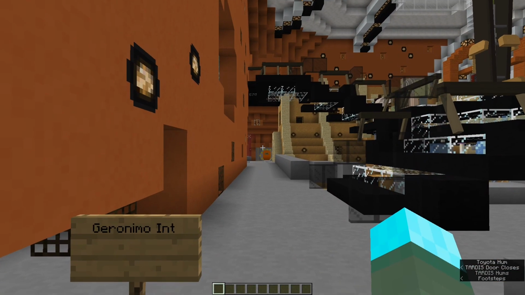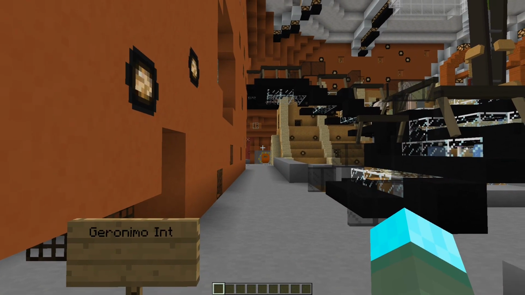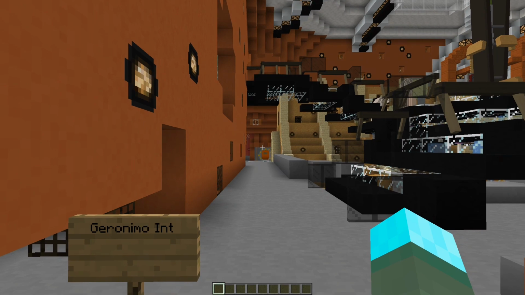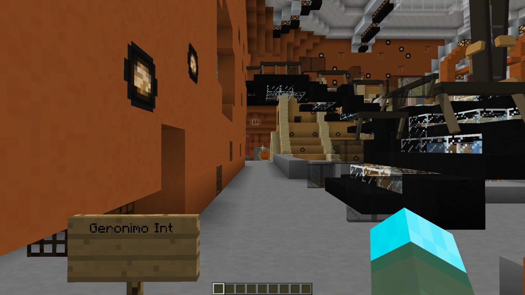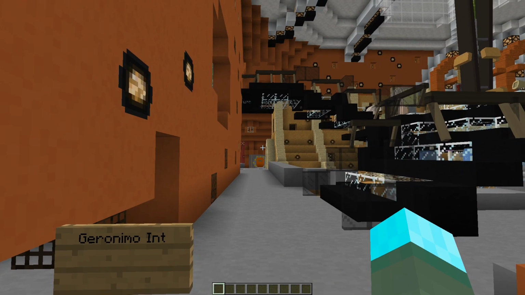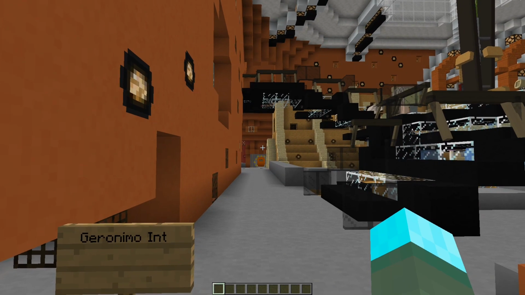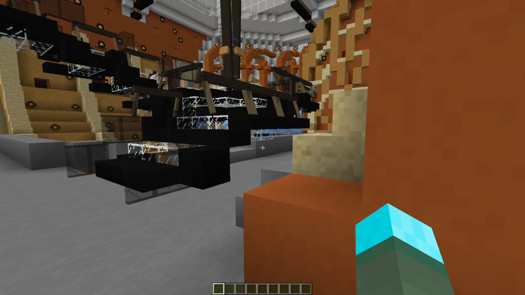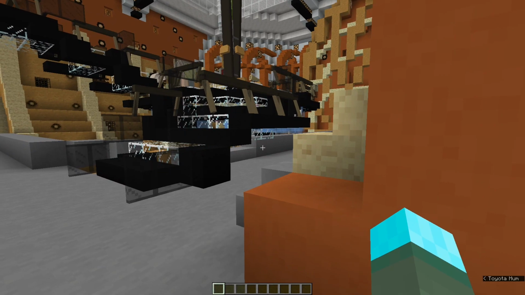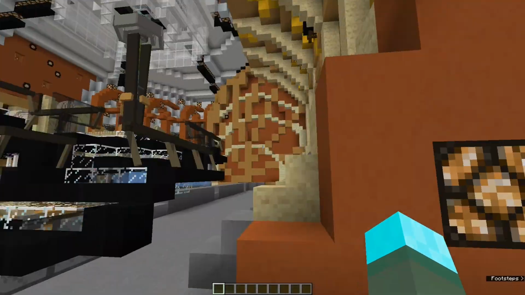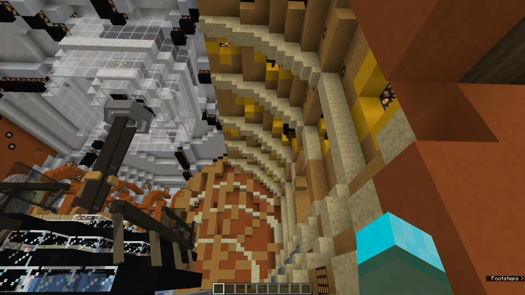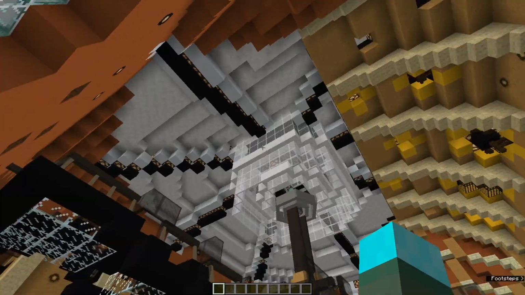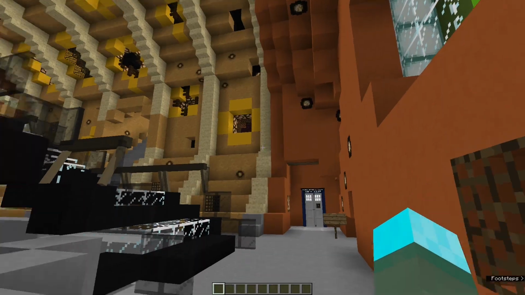Now this is with all of the block-based ones. So that's brick, log, and stone, cobble. So this gives you Geronimo, and it's bigger than the 11th Doctor's 2010 Tardis, way bigger.